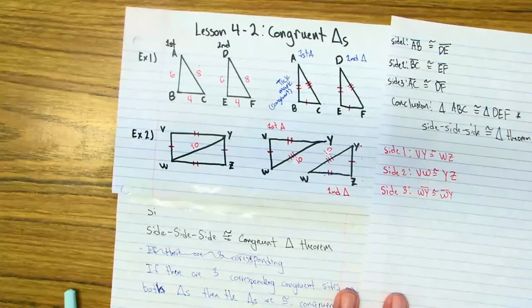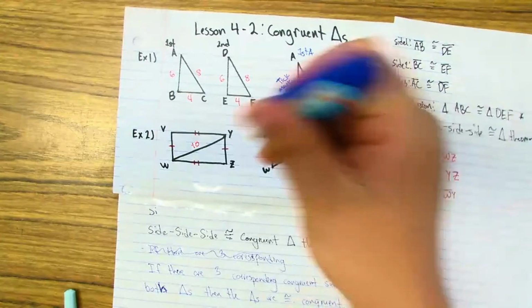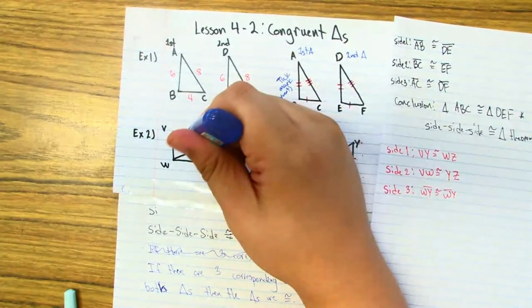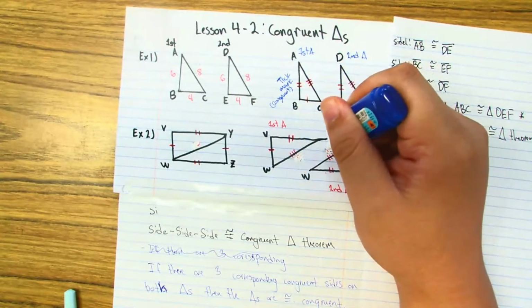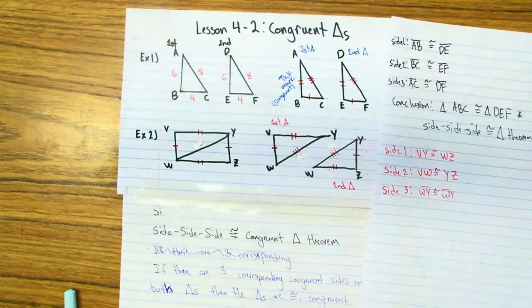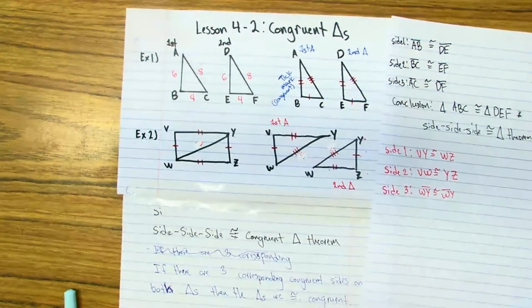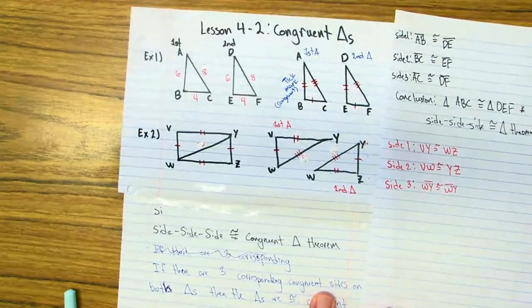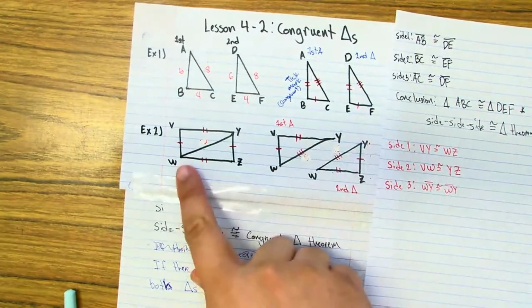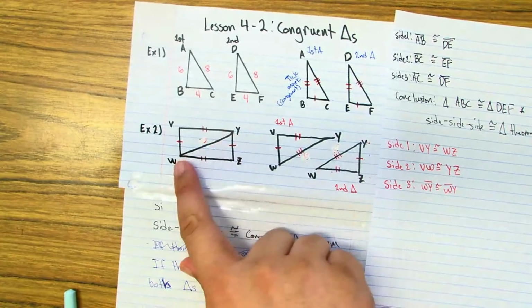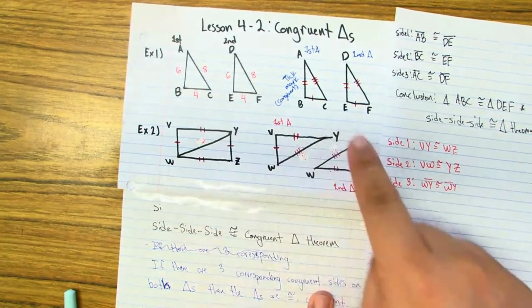And just for the students that are confused, how did I get 10? I don't have the value of 10. I just use that as an example. My students think I'm just pumping out numbers and they're going to ask how I got it, so I'll just clarify that. Here, once again, the third sides are congruent because they share the same side in this diagram. WY is congruent to itself.